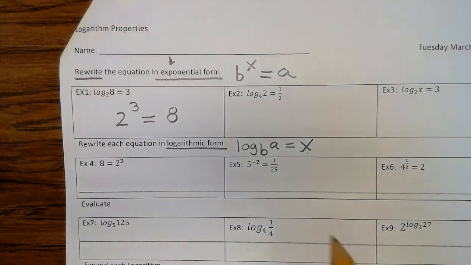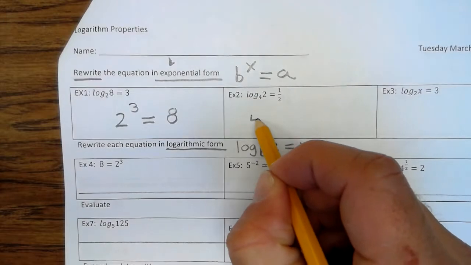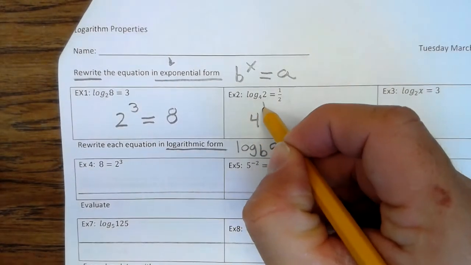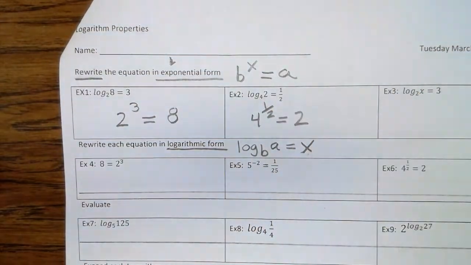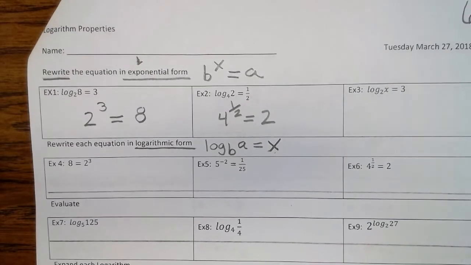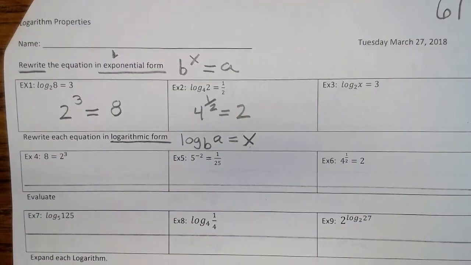Okay, so same thing here. So the b value is the 4, so that's 4 raised to the x value is 1/2, so 4 to the 1/2 equals the a value, which is 2. And then last one, which you might take a moment to try on your own.